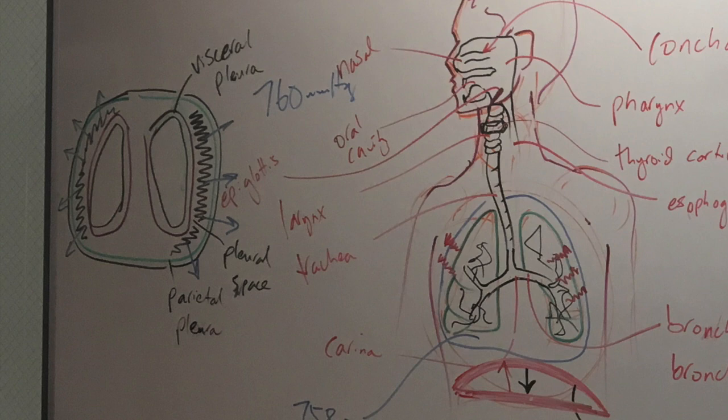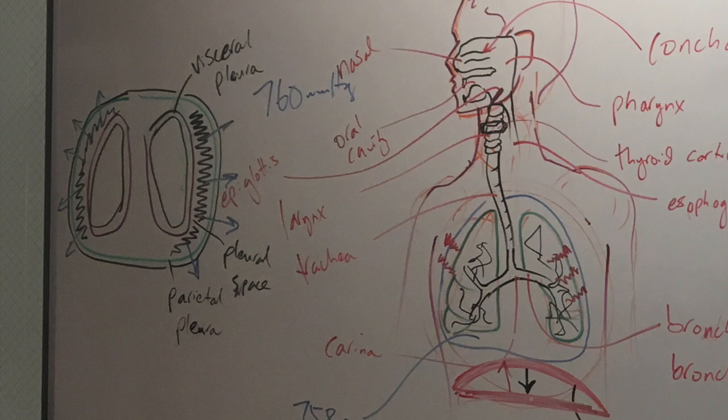So the two lungs are right here. The lungs are covered with another layer of connective tissue. This is called the visceral pleura. Visceral pleura. No, U. No, EU. That's right. All right, good.